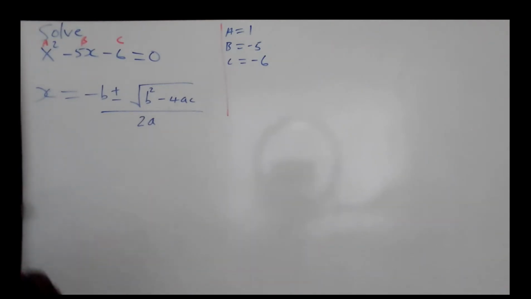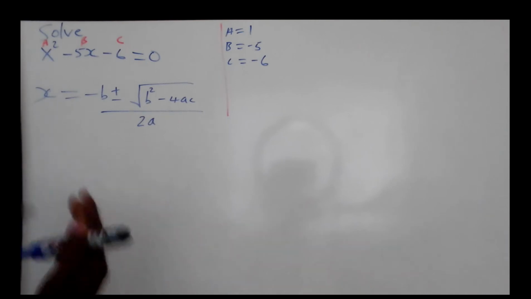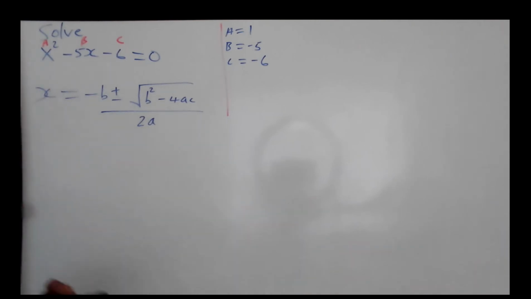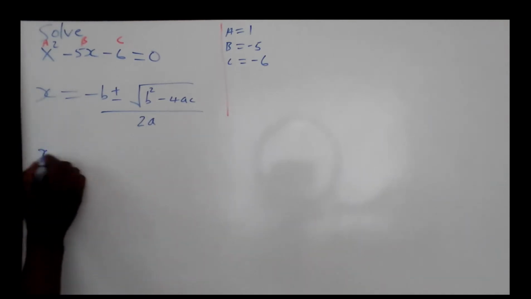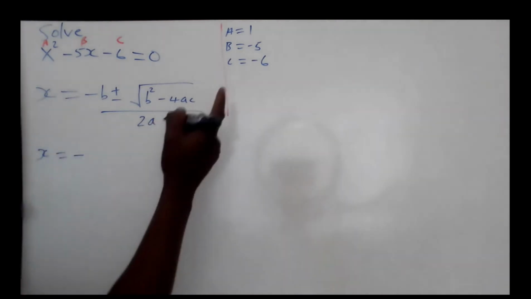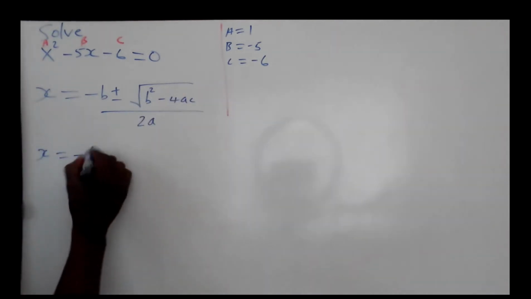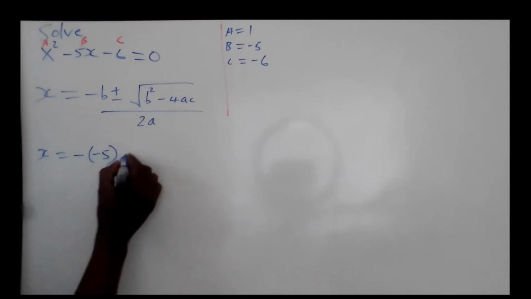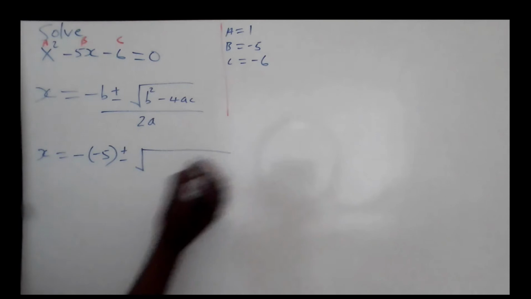Right? Now we are going to solve this problem using the quadratic formula. Therefore, x equal minus, what is the value for b? B is minus 5 plus minus square root.